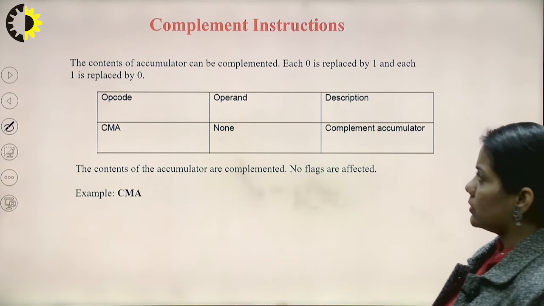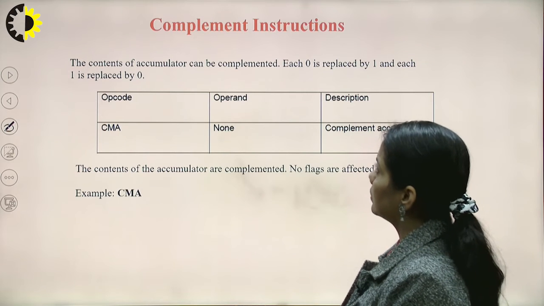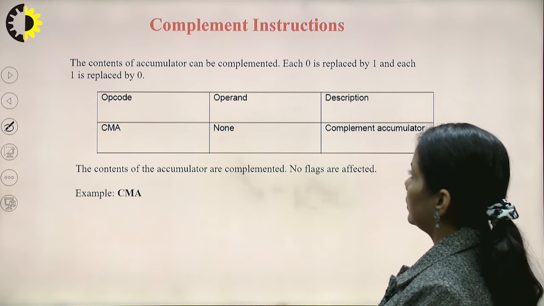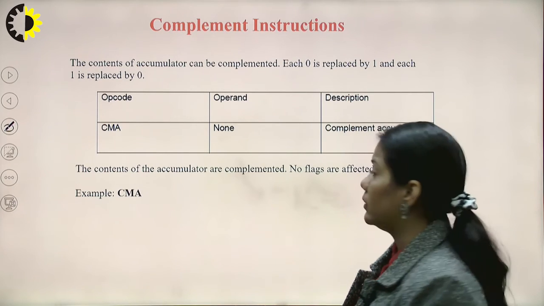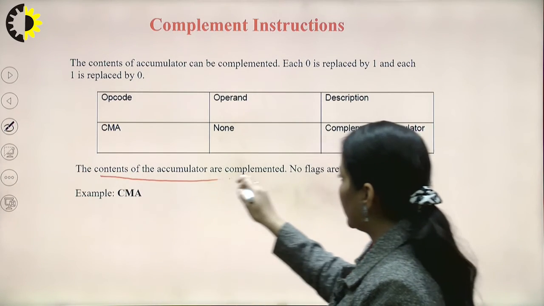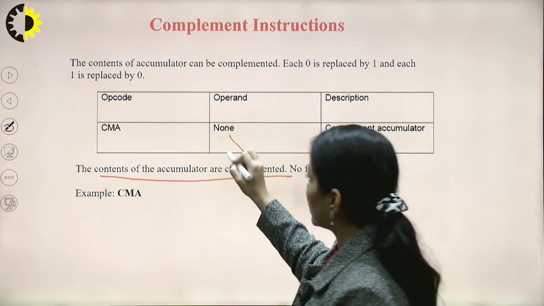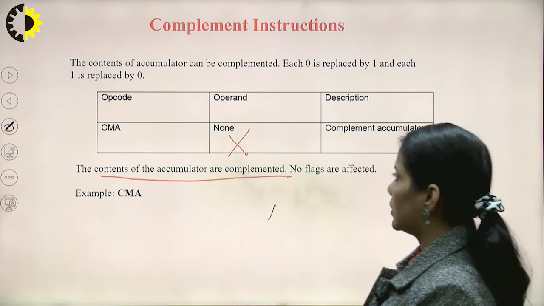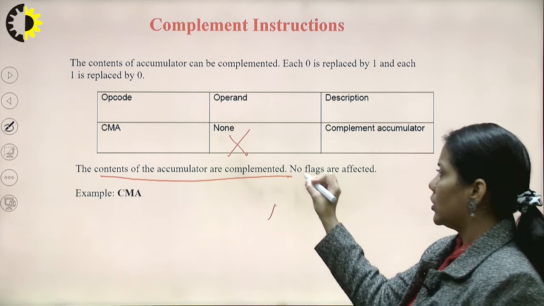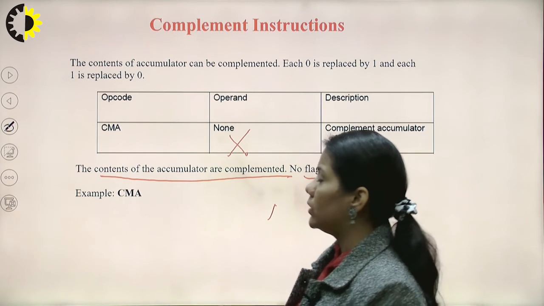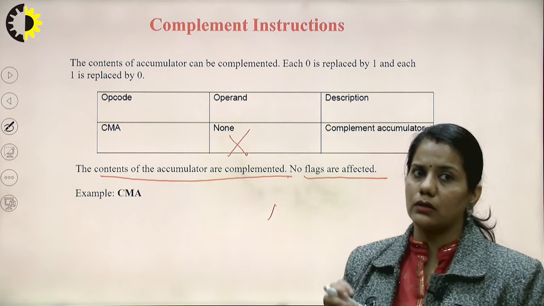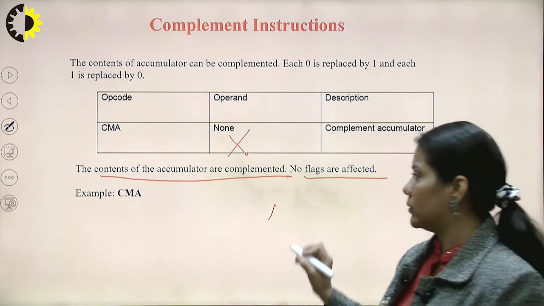Next instruction in this category is complement. Obviously the accumulator is being complemented. No need to mention the accumulator in the operand. This is self-understood and no flags are affected. It will just complement the contents of accumulator.